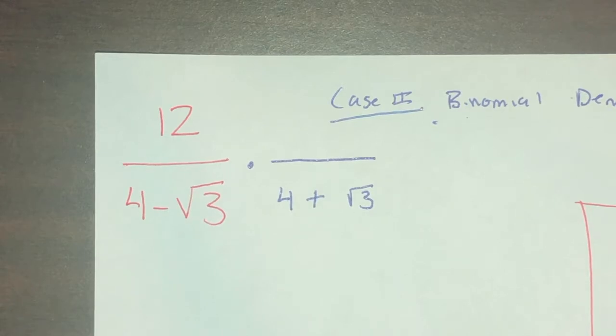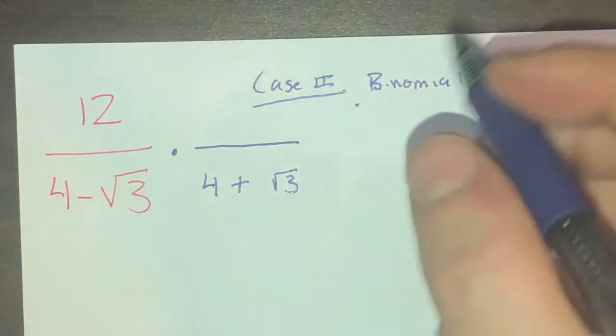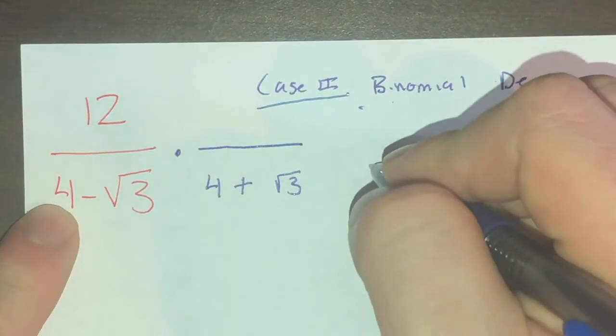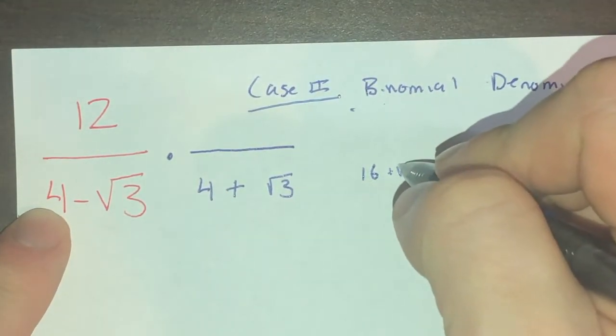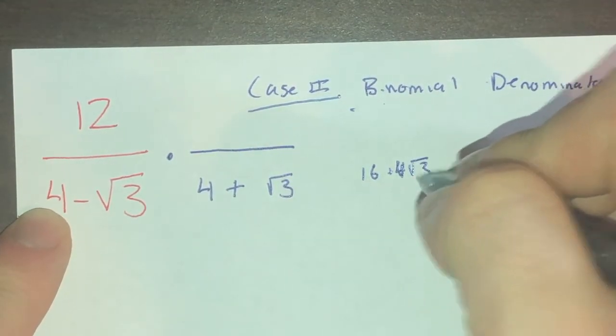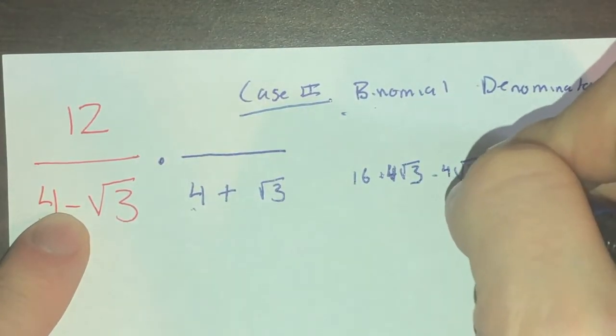So remember when we multiplied difference of squares, the only thing that was left was the square of the first thing minus the square of the second thing. Same idea. So when we multiply this out, I'll show you a quick little foil, so to speak. We get 16. We get plus 4 root 3. And the minus makes sure we then have minus 4 root 3.